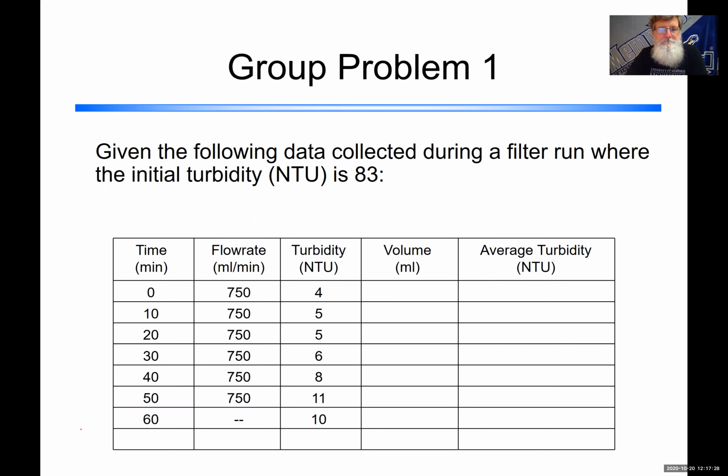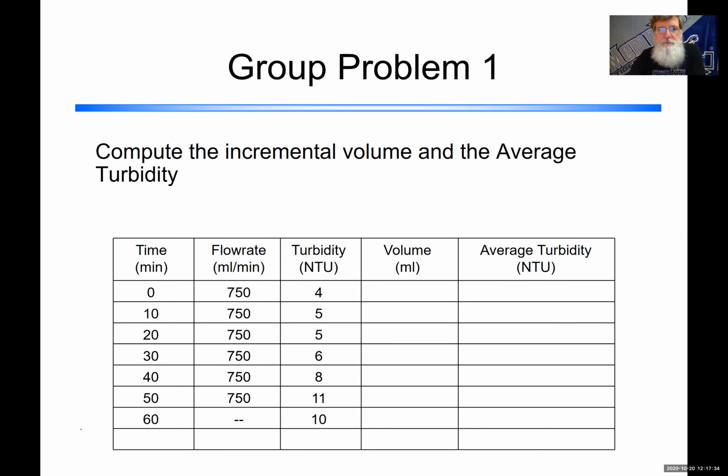Okay, so the first thing we want to do is calculate the volume treated. Now remember from our previous example, there is no volume treated initially. At time equals 0, the system's just started, so we haven't treated any water. Now remember, we've set our flow rate of 750 at the beginning of the cycle at time equals 0, and it's going to stay that way for 10 minutes.